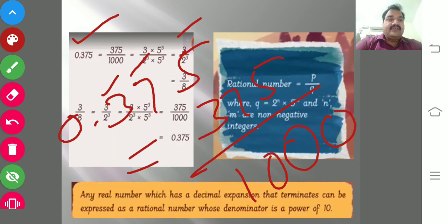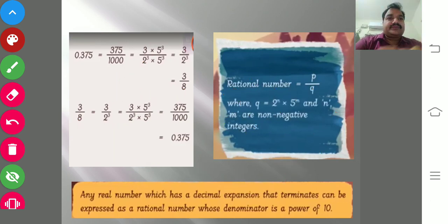So, rational form: after writing in p by q, 375 by 1000, simply convert into prime factors. 375 can be written as 3 into 5 cube, and 1000 can be converted into prime factors 2 cube and 5 cube.